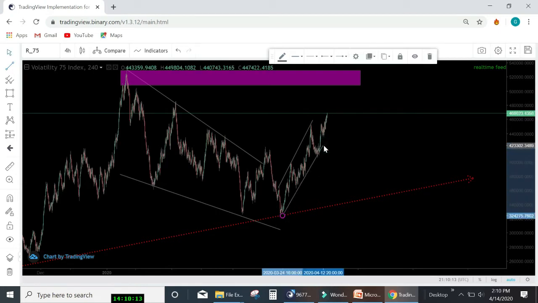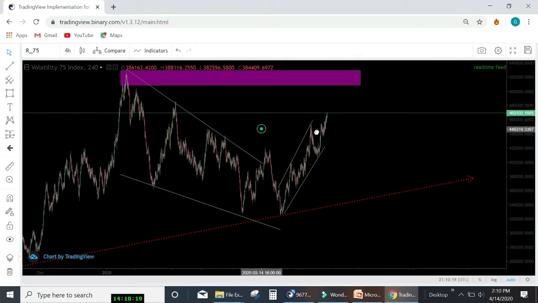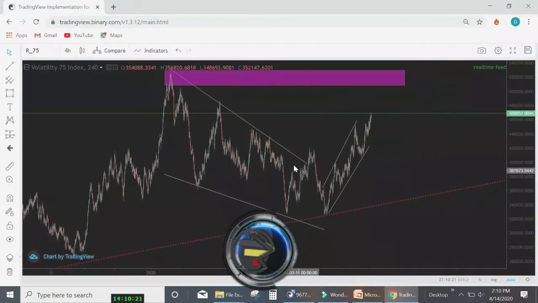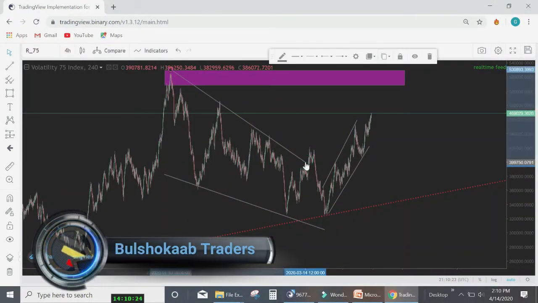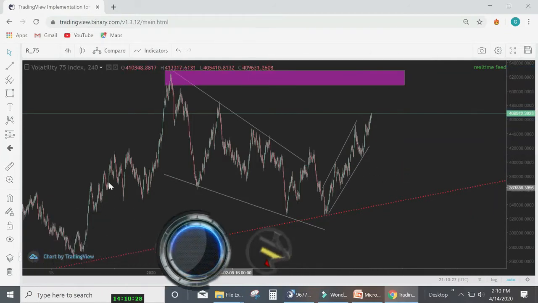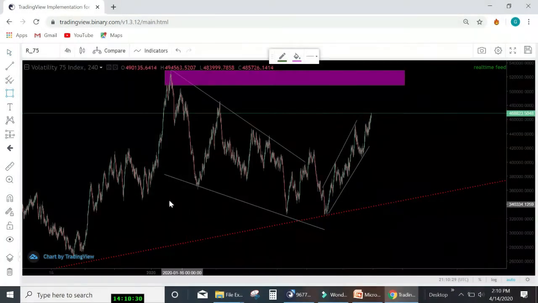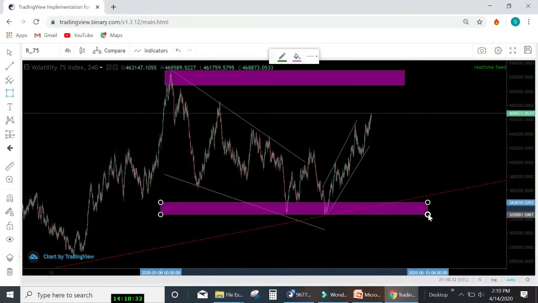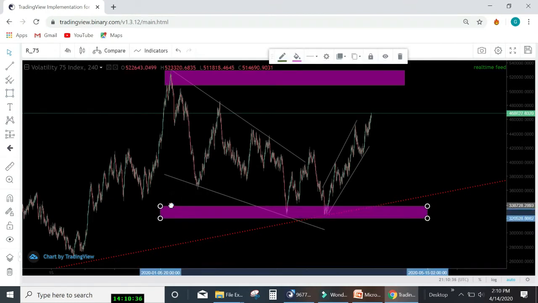But our main point is to find what we are expecting the market will have. And we are expecting to have our support zone now. Okay, there is our support zone.